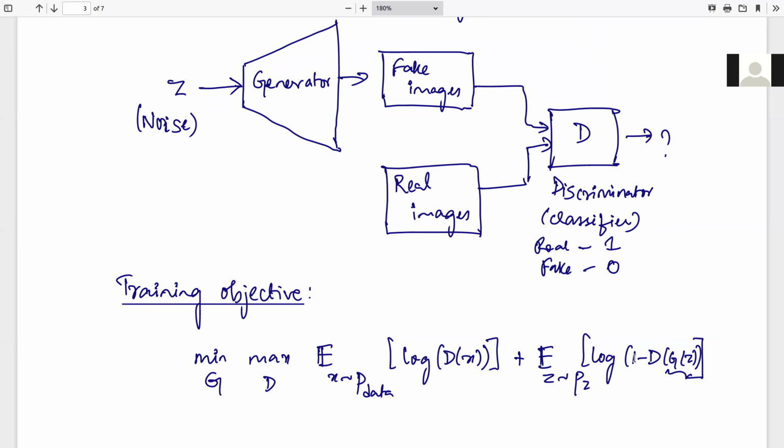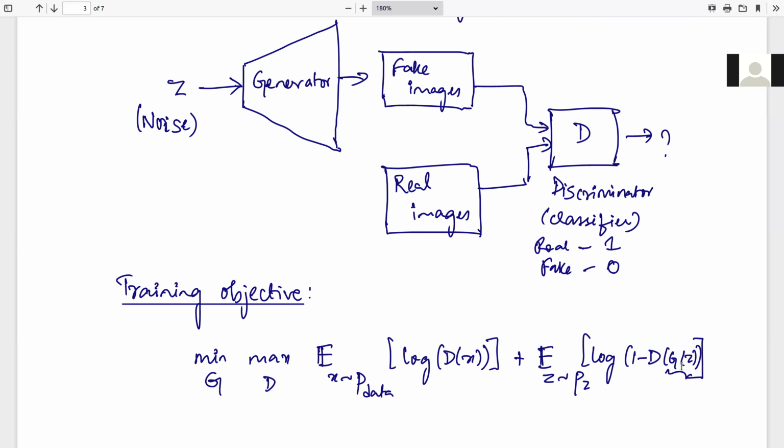So that's why we have 1 minus D of G of z. Okay, so G is representing the generator here. So G of z, where z is a noise variable, a vector we feed into the generator, is representing the input generated by the generator G for the input z.